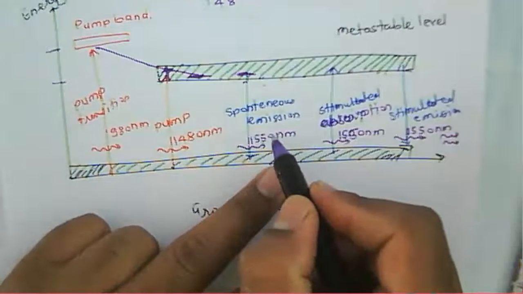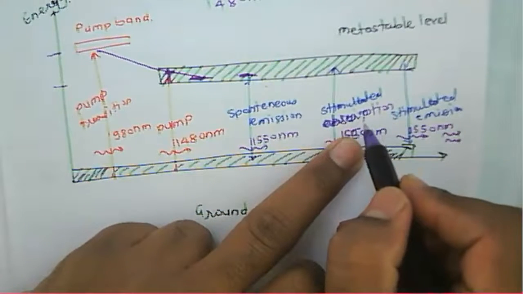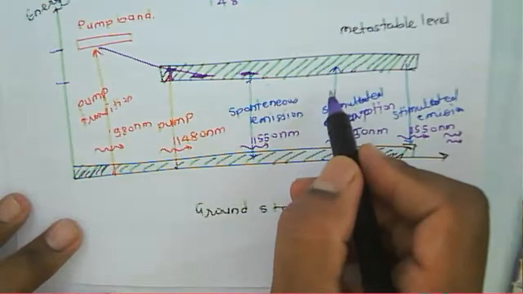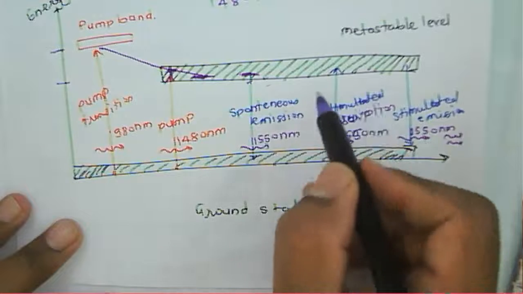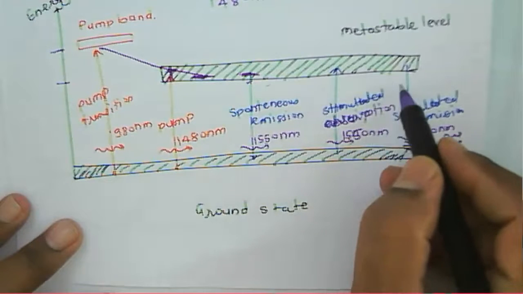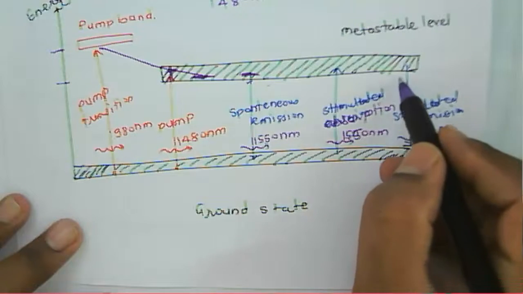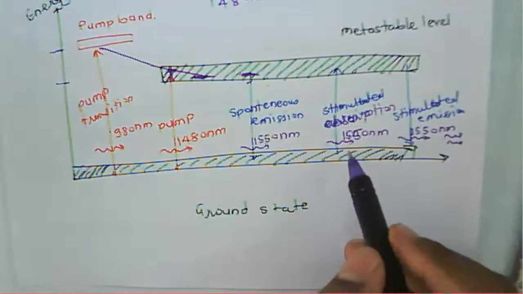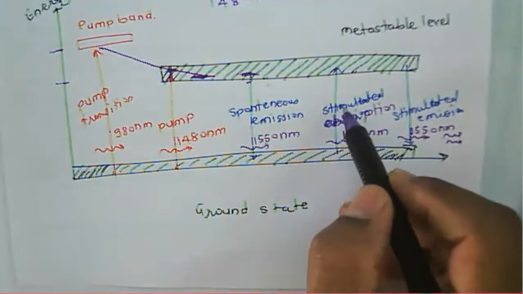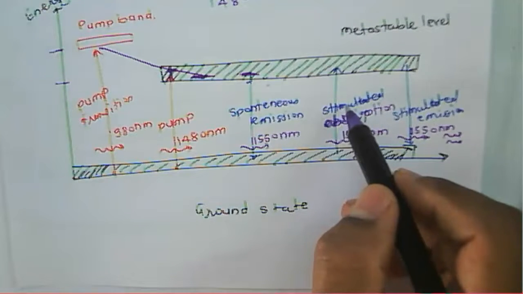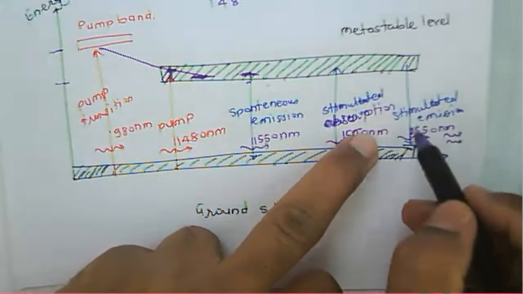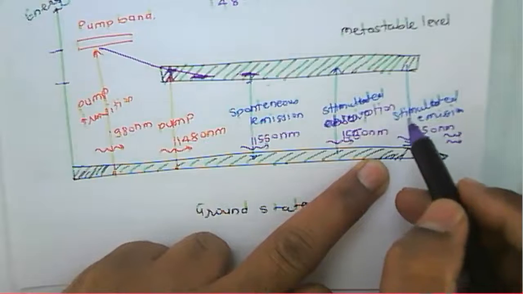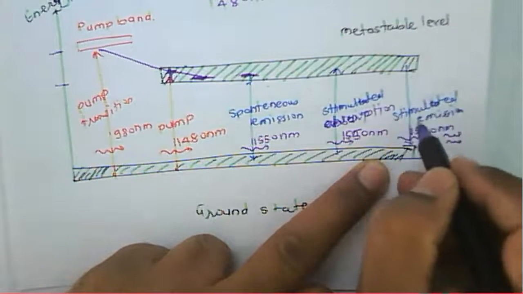There is spontaneous emission, stimulated absorption, and when they reach this higher band, then that electron moves down. We have the absorbed energy raising them to the metastable state, and then they decay back down to the ground state, and that is a stimulated emission.